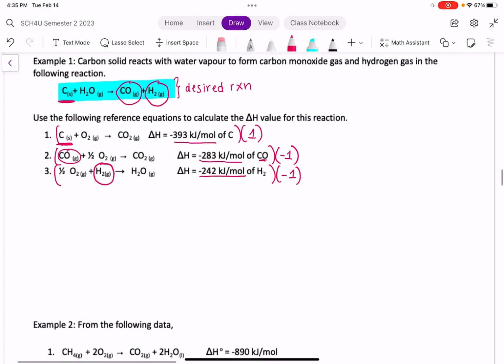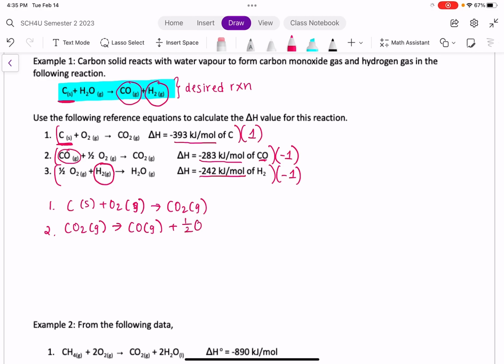So you can see if I rewrite all of my equations, the first one stays the same. The second one, I have flipped it. And the third one, I have also flipped.